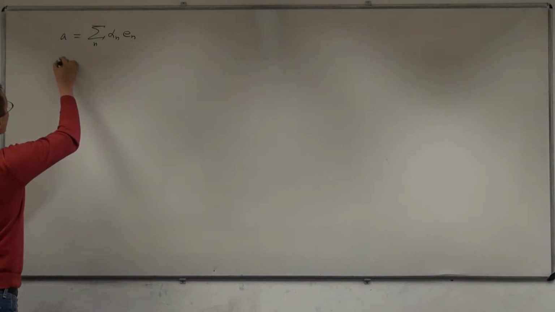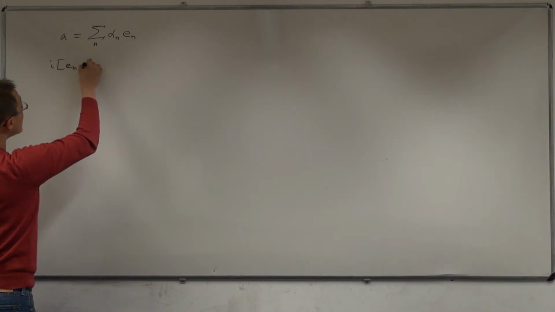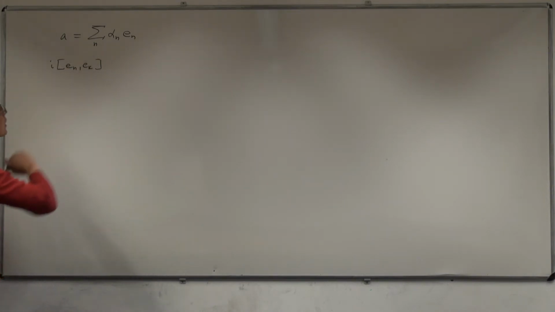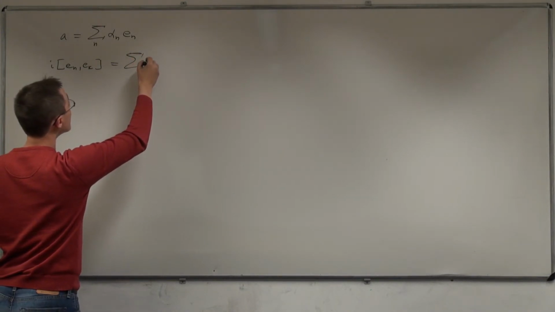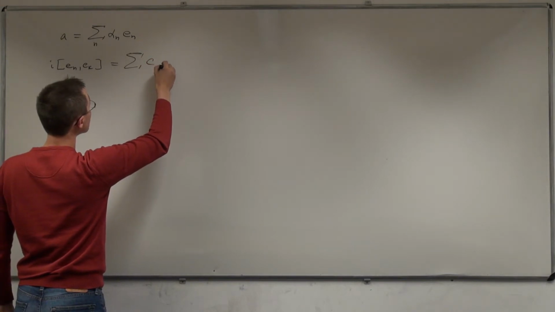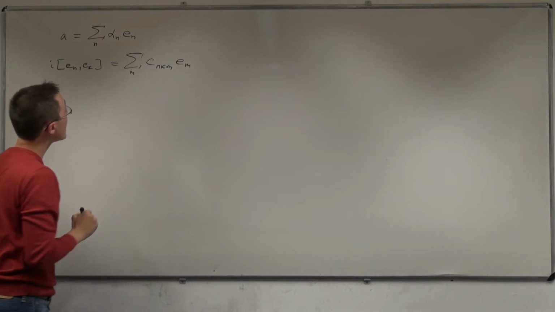And so [e_n, e_k], the commutator, because it's also an element of our Lie algebra, has to have a similar expansion. And so it will be c_nkm e_m, sum over m.